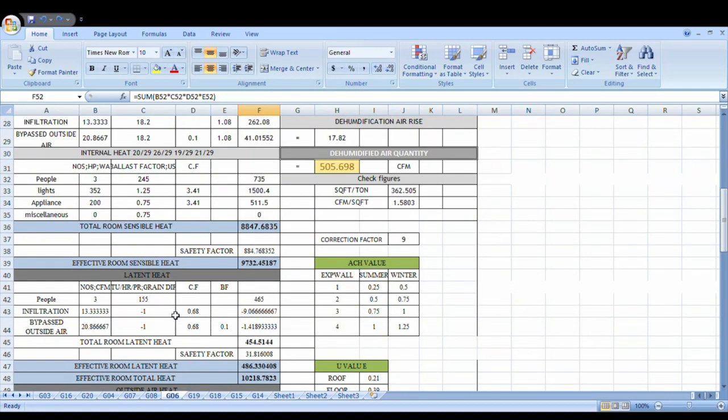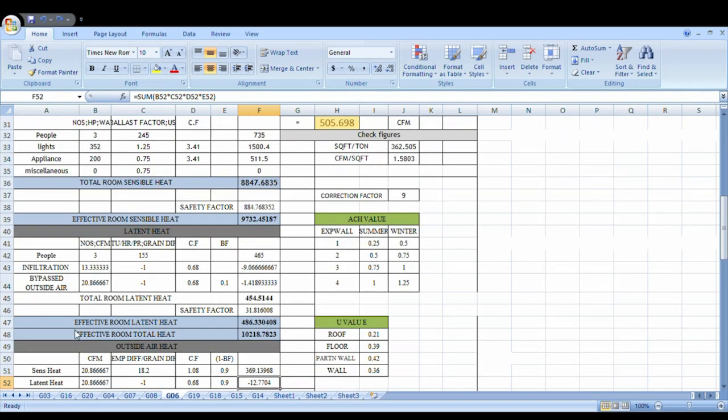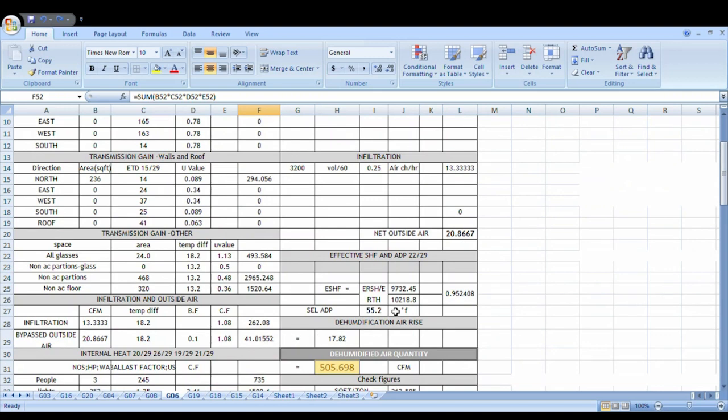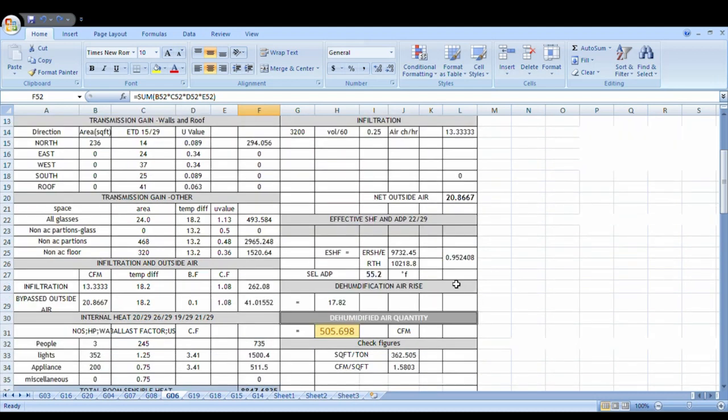So divided by this you will get effective sensible heat factor, this is 0.9524. Okay. So this is done, effective sensible heat factor. Okay.